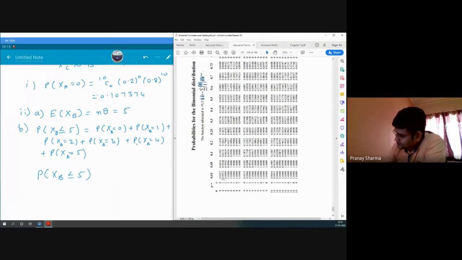So all we have to do is see our x equals 5 when n is 10, and we want probability 0.5. So I think this is that value, 0.6230.